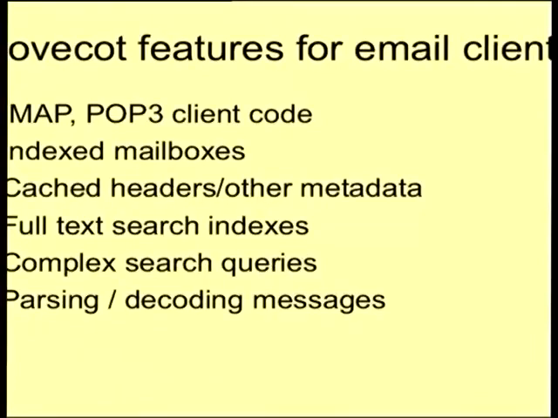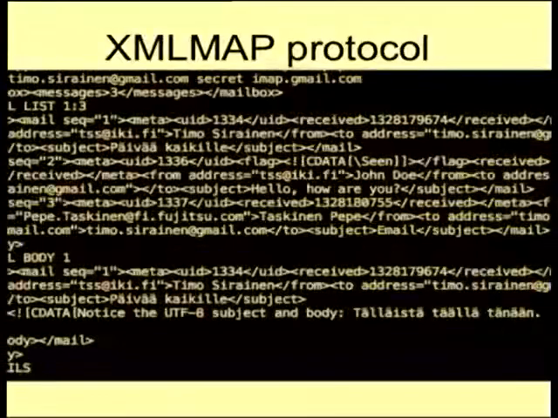So basically, you can do the same thing automatically if you develop an email client with dovecot. And full text search indexes. IMAP has really great search queries. You can use them as well, and other stuff. Okay, another prototype was this.